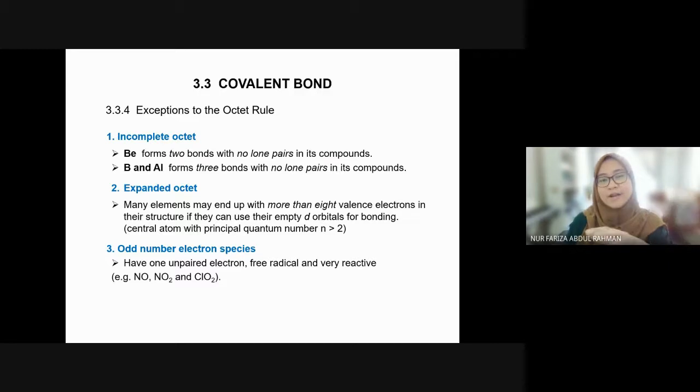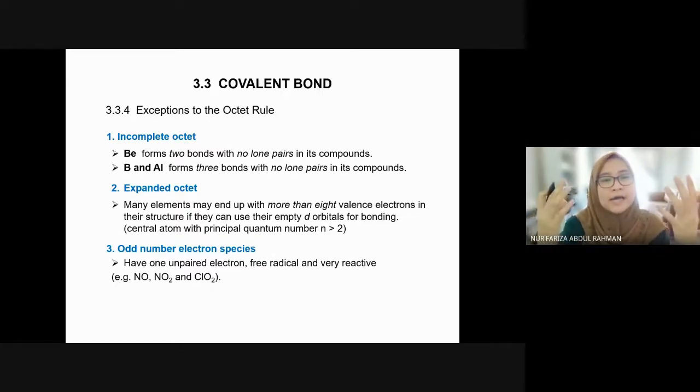So we know the octet rule: all elements in the periodic table tend to go for octet configuration, because it's the most stable form of electron configuration. Like group 18, everybody wants to become like group 18, because it is stable.